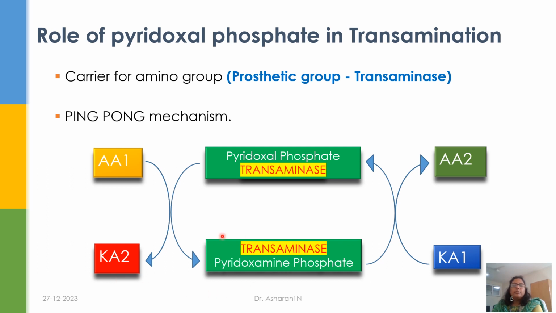Now the amino group from pyridoxamine phosphate is accepted by a keto acid, that is alpha ketoglutarate, and it forms a new amino acid. This is how exactly the amino group from an amino acid is transferred onto a keto acid.